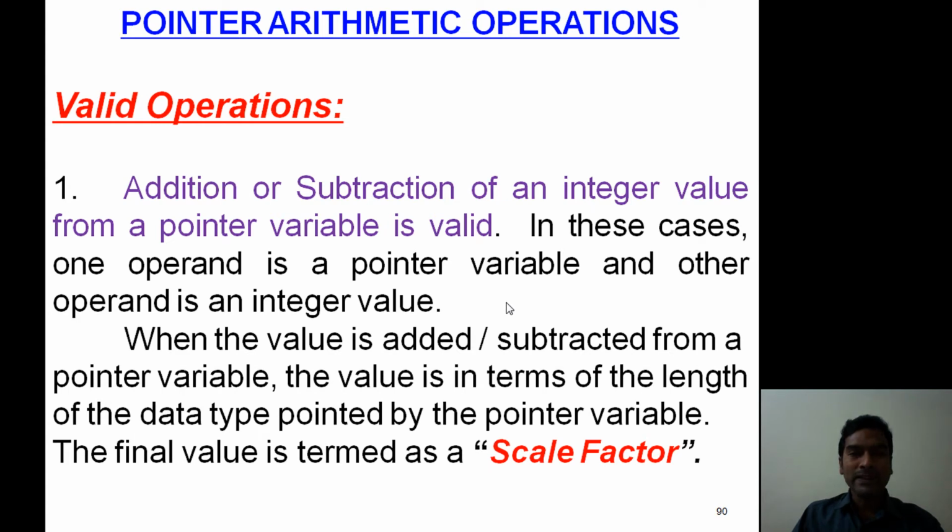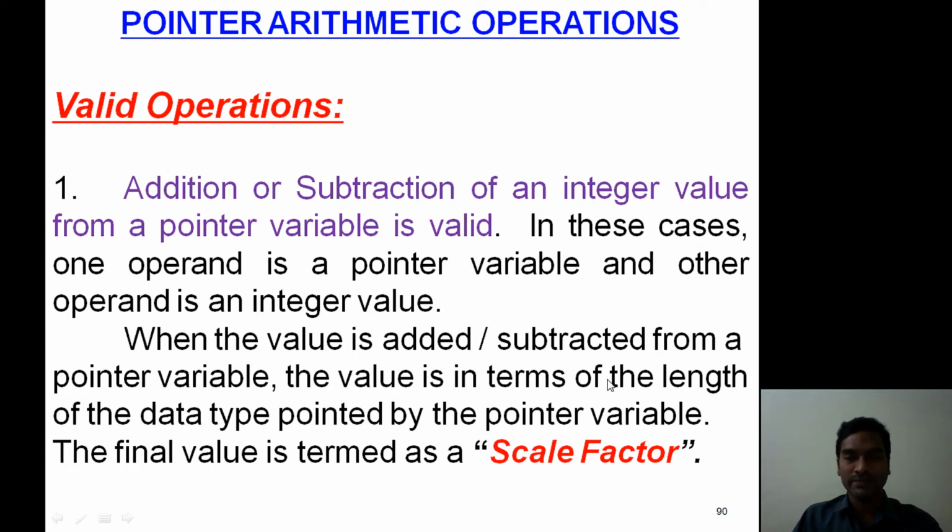But one important thing, when we apply addition or subtraction, direct addition and subtraction is not possible. Here, the value is added or subtracted based on a new value called scale factor. This value is obtained in terms of the length of the data type pointed to by the pointer variable.